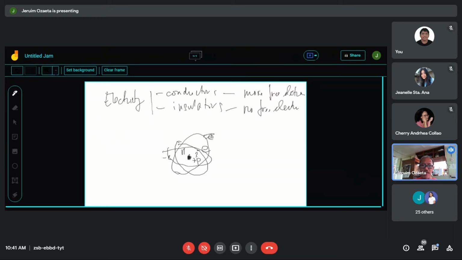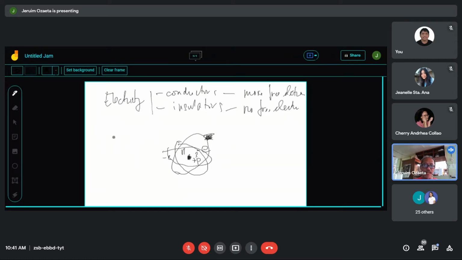So if we remove one electron, there is now no excess electron, and the remaining electrons will be attracted toward the protons.